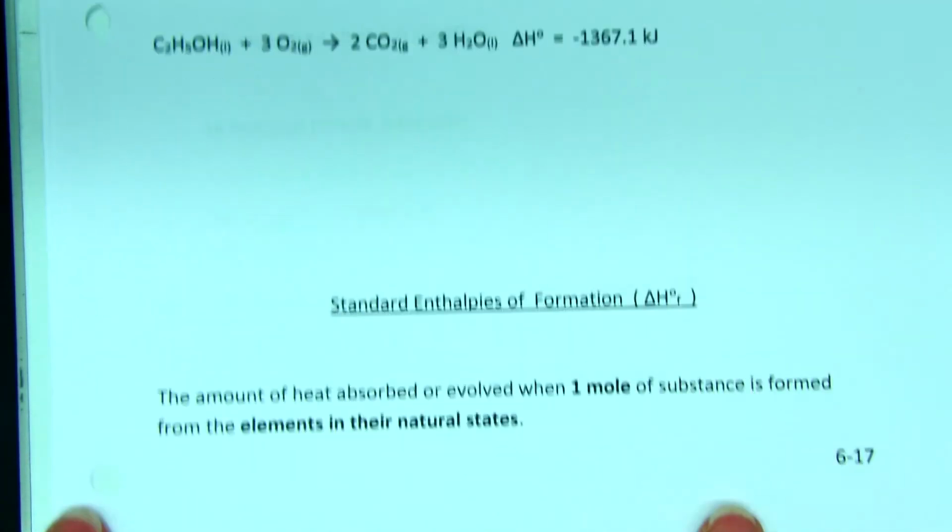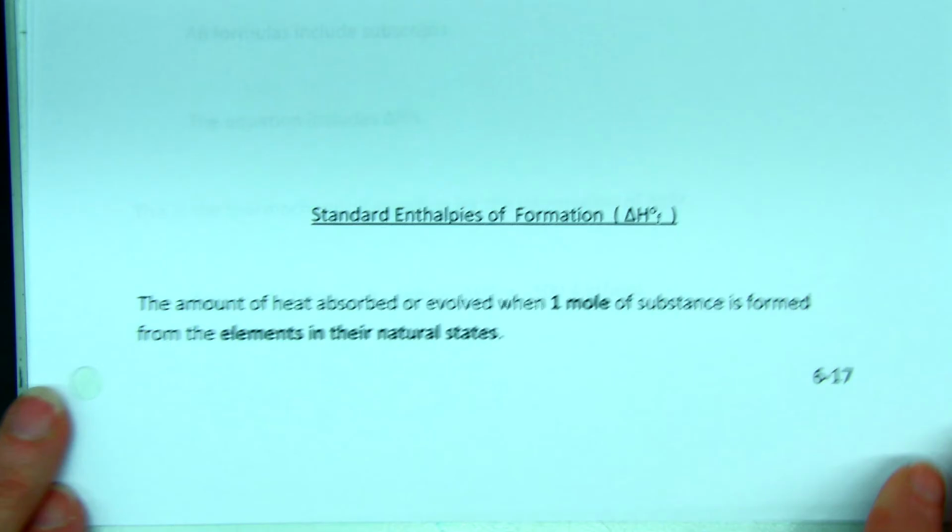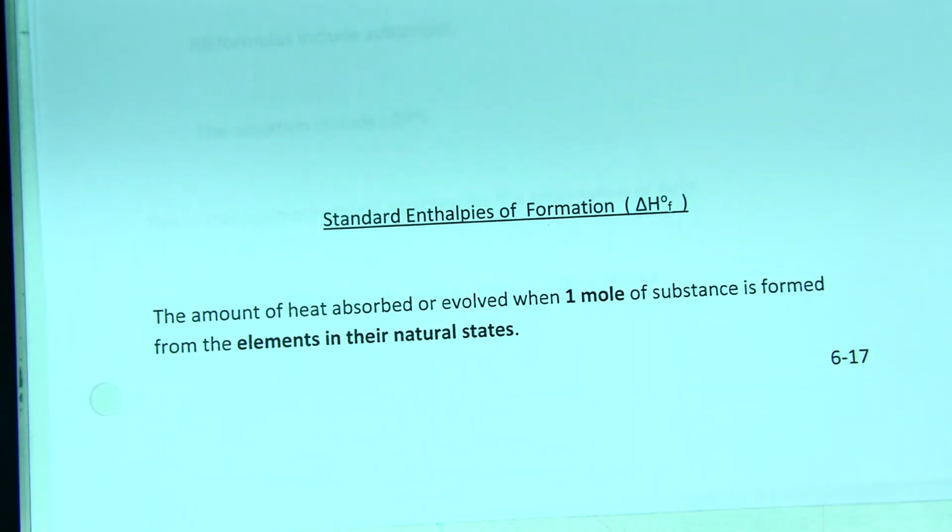So now we've reached the point in the semester where those of you who have an abhorrence for fractions are going to have to move forward and start using fractions to balance chemical equations. Because when we're talking about standard enthalpies of formation, we're talking about a very specific class of chemistry equations.